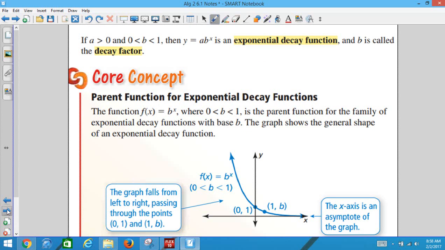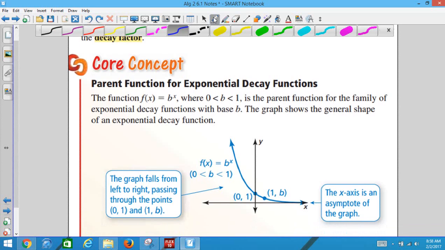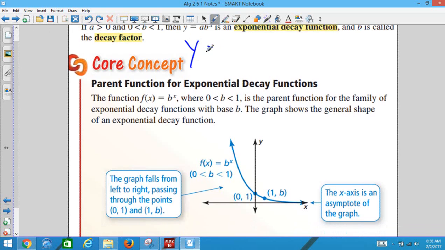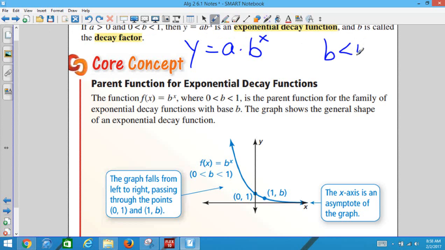Okay, so now if we have decay, the graph goes down. It's very similar to growth, except the graph is going the other direction. So we have the decay factor. It's the same equation, it's just that this time b is less than 1 but greater than 0.